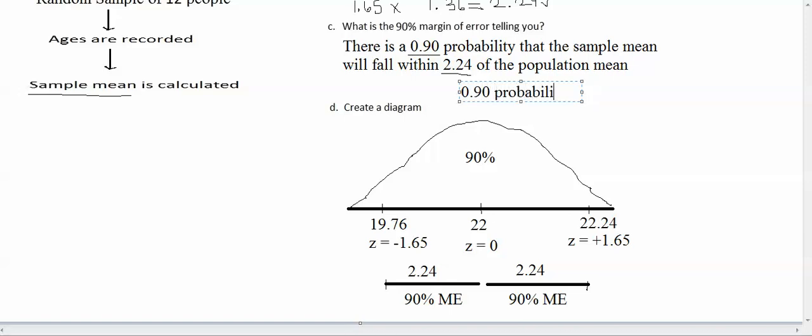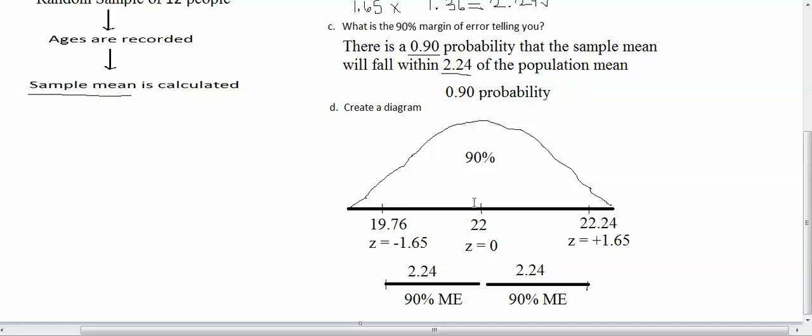There's a 0.90 probability that the sample mean will fall somewhere in this area in the middle 90% of the sampling distribution of possible samples. And that finishes this question.